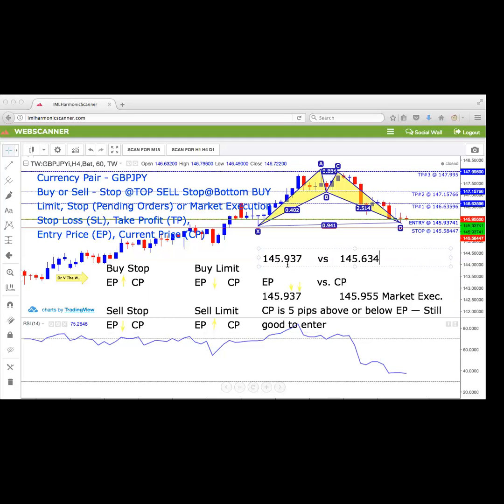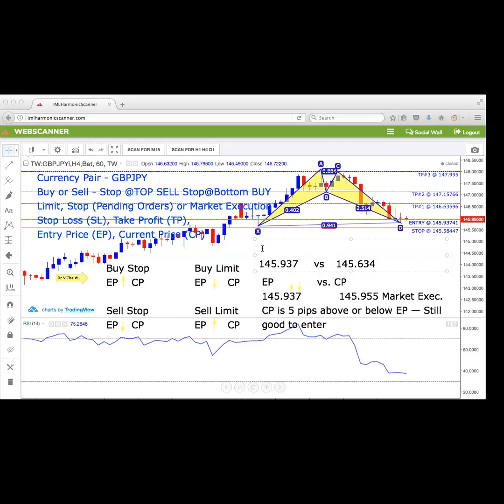So you want to see, is our entry price above or below the current price? The entry price is above the current price.